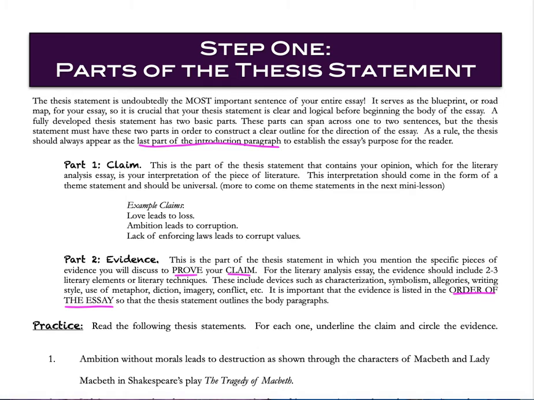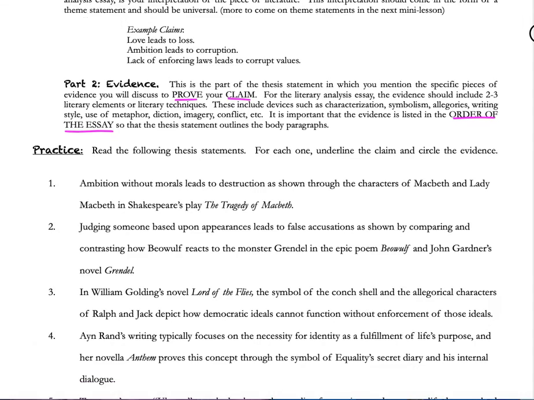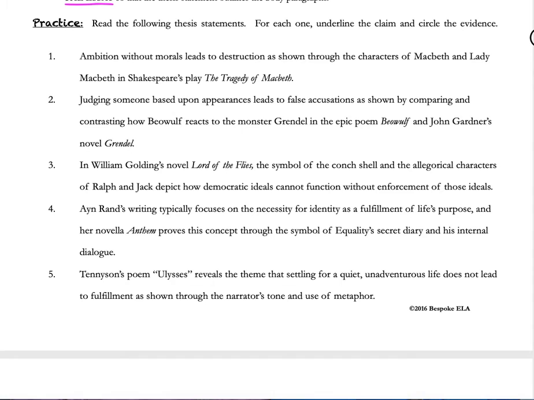I've got some practice for you. I want you to read the following thesis statements, and for each one, underline the claim and circle the evidence. So I will read each one and then give you the answer right after that. Number 1, ambition without morals leads to destruction, as shown through the characters of Macbeth and Lady Macbeth in Shakespeare's play, The Tragedy of Macbeth.